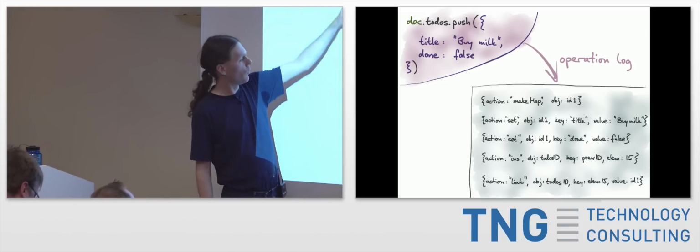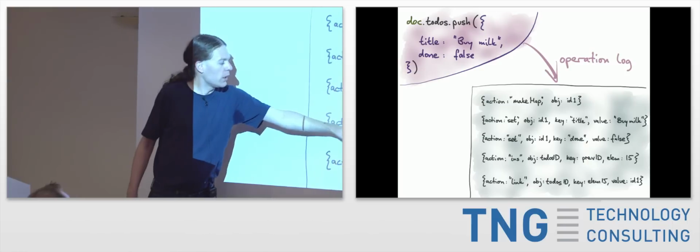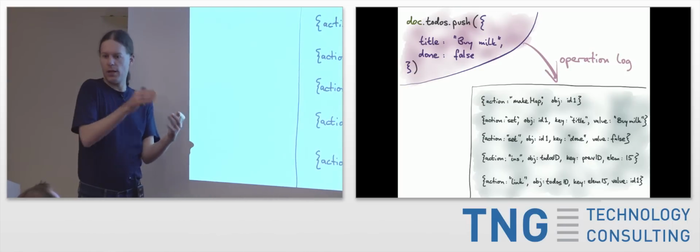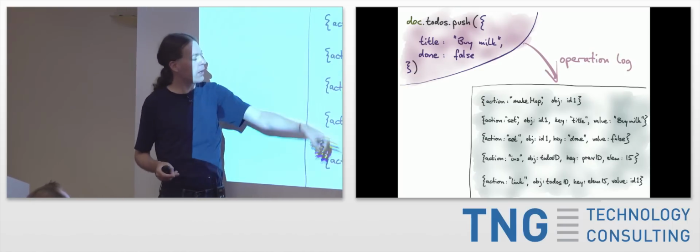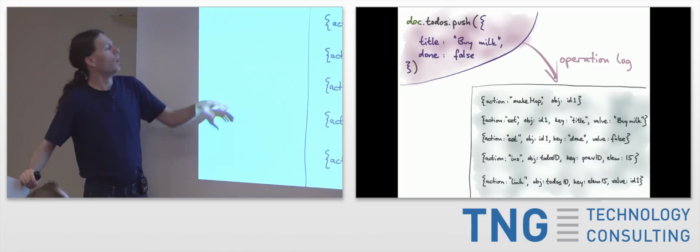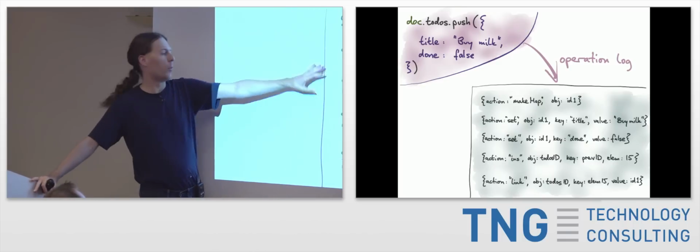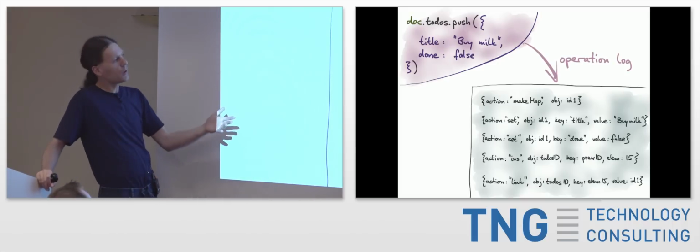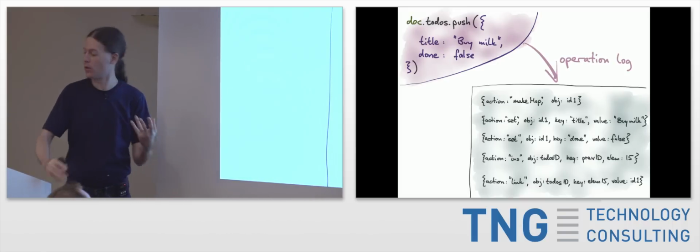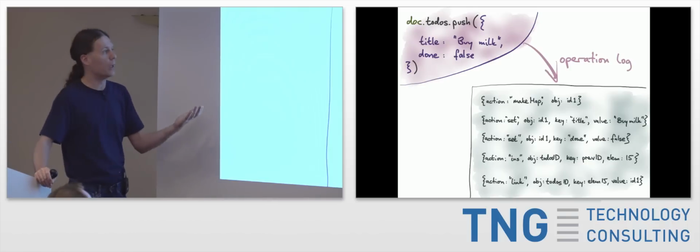We set the done field to the value false. Then we reserve a new position in the list of to-do items, associate that with some ID, and then we link this newly created object into the list of to-do items. So as a user of Automerge, you never have to worry about this log of operations. This is purely an internal implementation detail. But I wanted to show you just so that you get an idea of what is actually going on here.